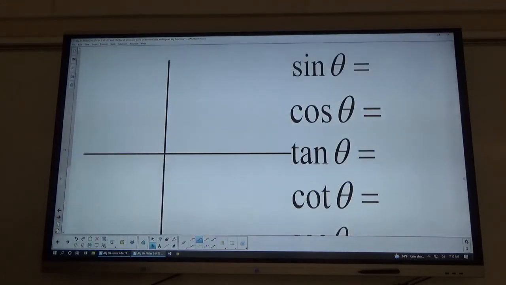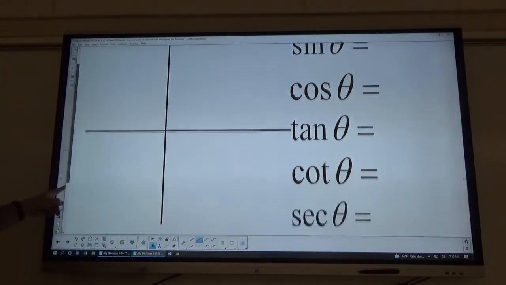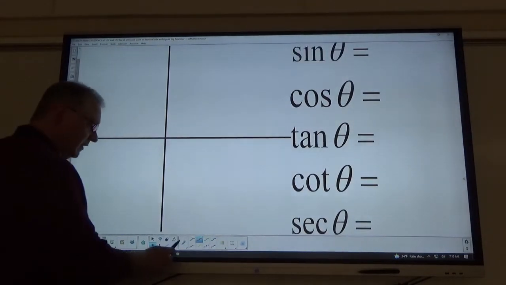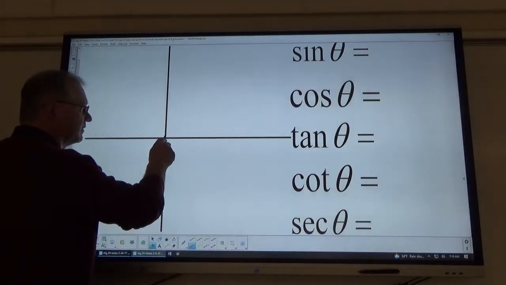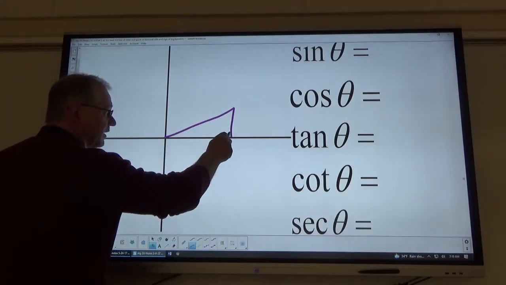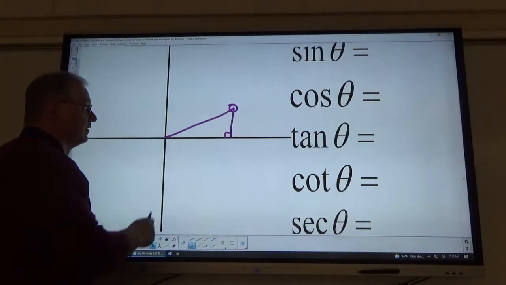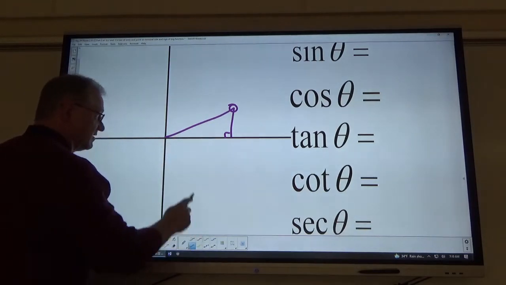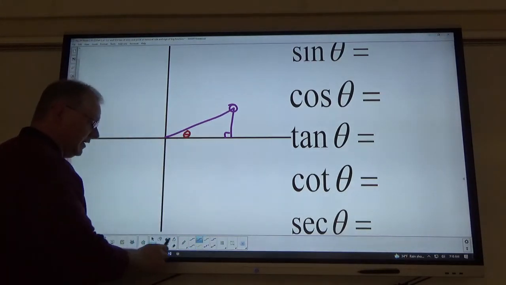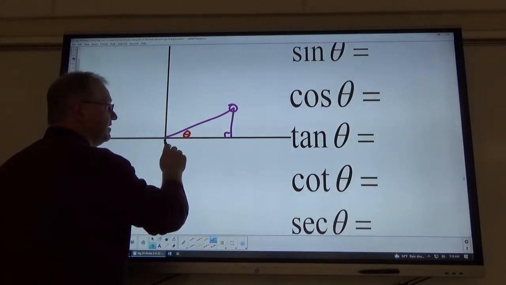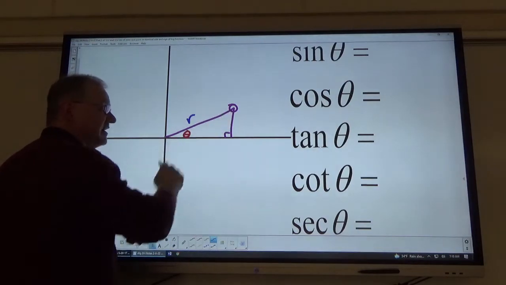So, what about some generalizations to make it so we don't have to draw out this object? Well, it turns out that if I draw out a right triangle in the first quadrant, where my terminal point is somewhere there, this is my theta, and my values here, this is r, it's the distance out.